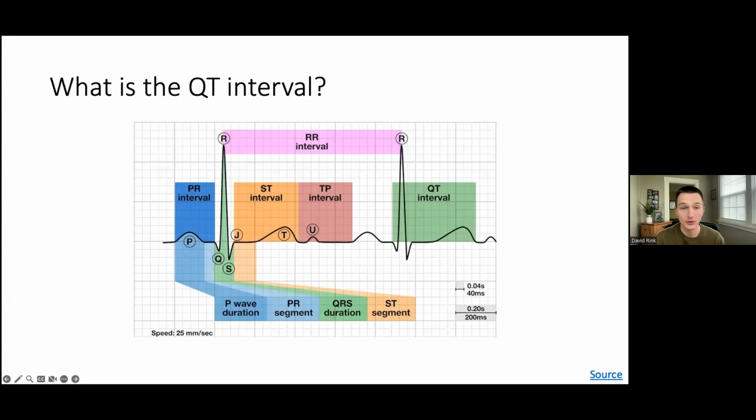To remind everyone, the QT interval represents the time delay between ventricular depolarization and then subsequent repolarization of the ventricular myocardium. We are all very well familiar with it being that green box there on the right, between the start of the first negative deflection in the QRS interval to the end of the T wave.